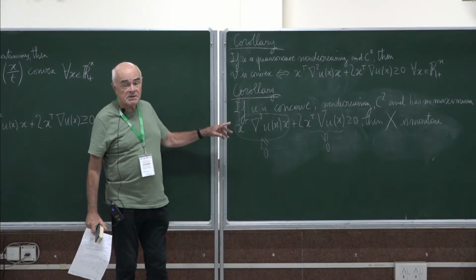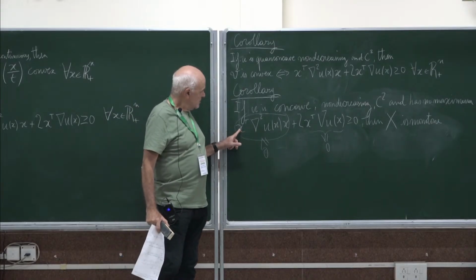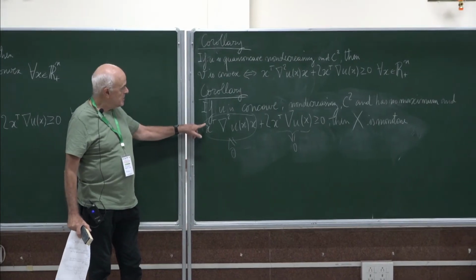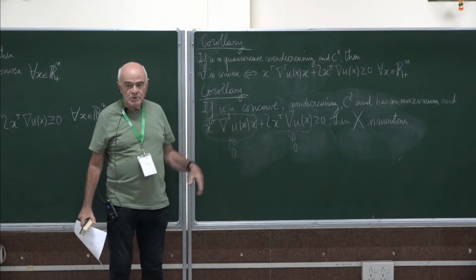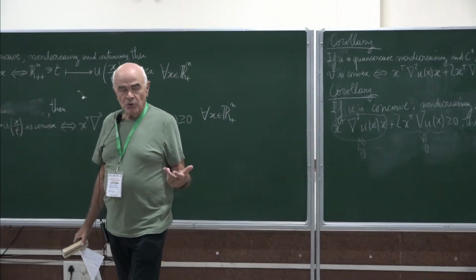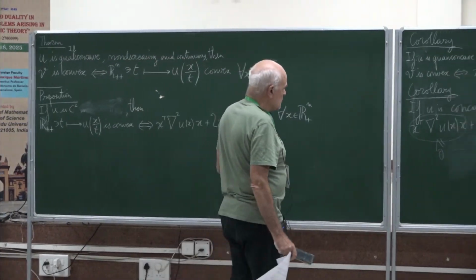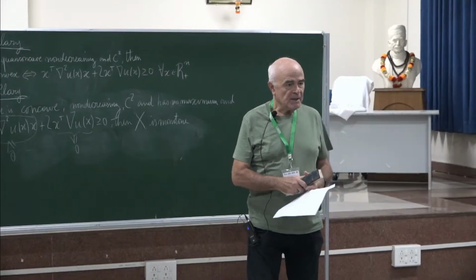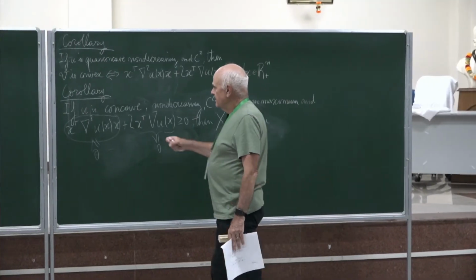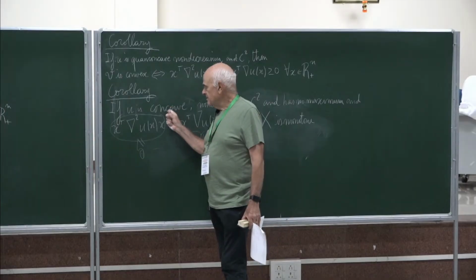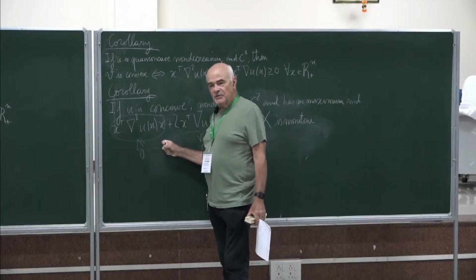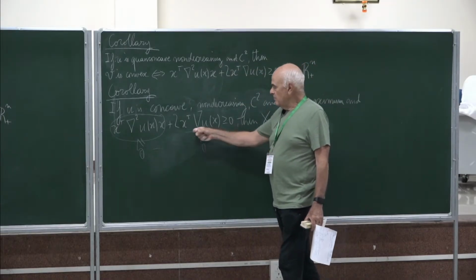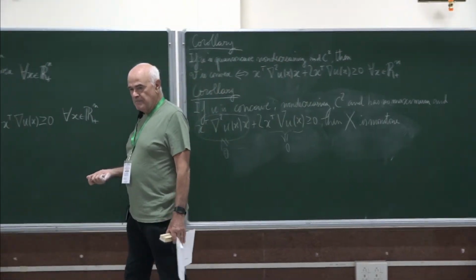Here we are just not using every direction D. Negative semi-definiteness would be D transpose Hessian times D less than or equal to 0 for every D, and here we are using only X. But anyway, let's say if U is very concave, then this is very negative, and we will not succeed in getting it non-negative even if we add a non-negative number.